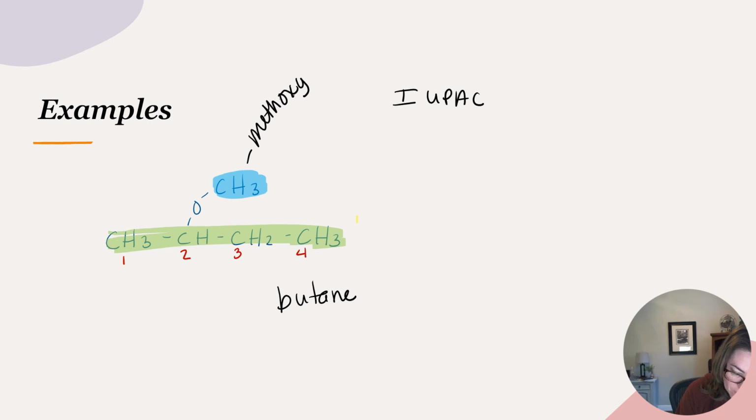So remember that you can count both ways, from left to right and right to left. And so my smallest locant is going to be a 2. And so this is going to give me 2-methoxybutane. All right.